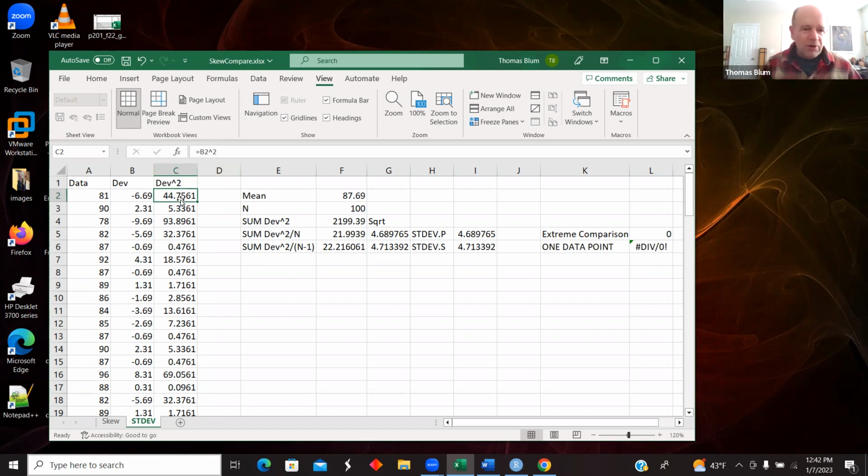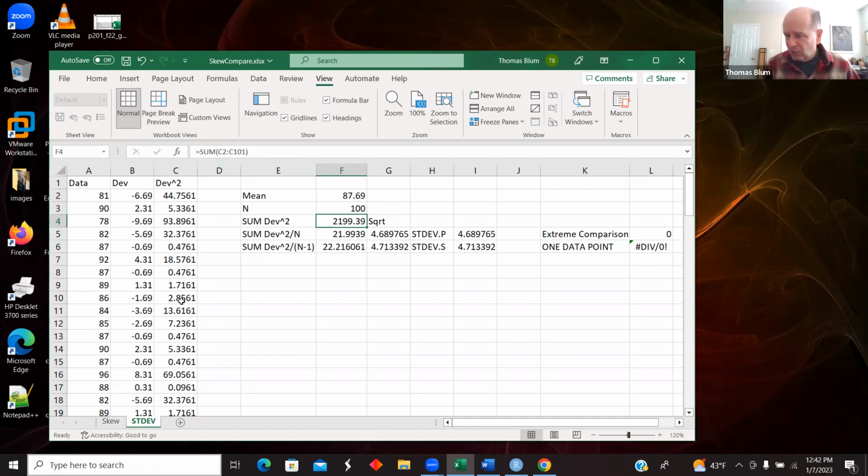When you square a number, it's positive, so we don't have the cancellation problem that we did with column B and column C. I knew there were 100 points, but I used count to explicitly count them. Then I'm adding up those squared deviations, because I want to effectively take an average of the squared deviations.